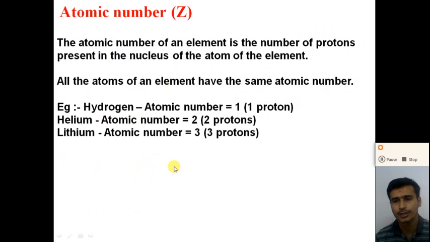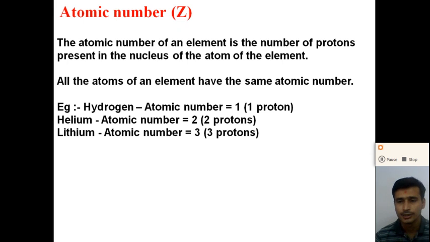Now dear student, we know that the atom is electrically neutral, right? So the number of protons present in the nucleus is equal to the number of electrons in the orbits. So the atomic number represents the number of protons, and the same number of electrons are present in the atom.